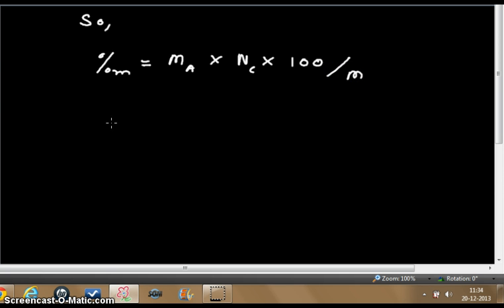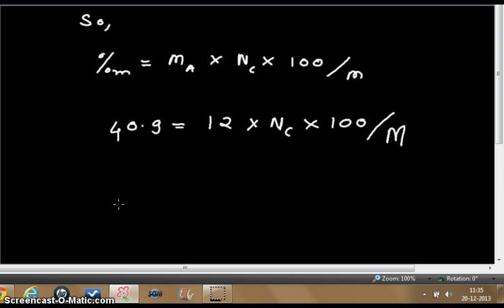We get 40.9 is equal to 12, which is atomic mass of carbon. Then this is what we have to find, and 100 and molar mass.